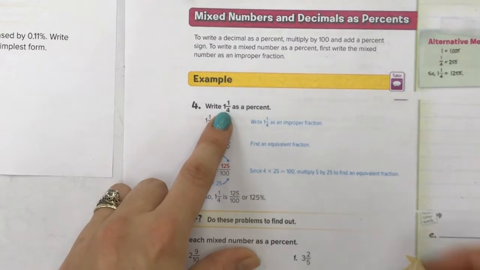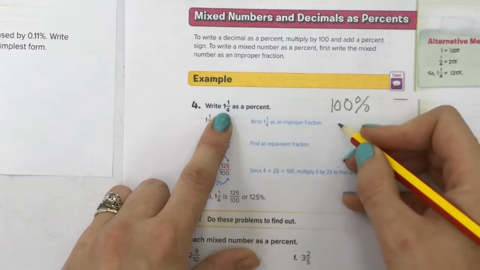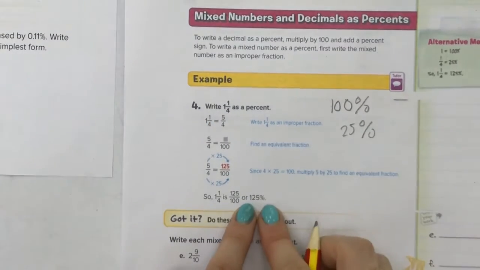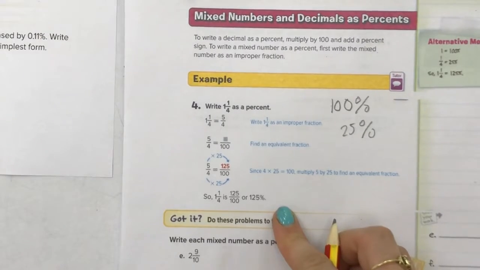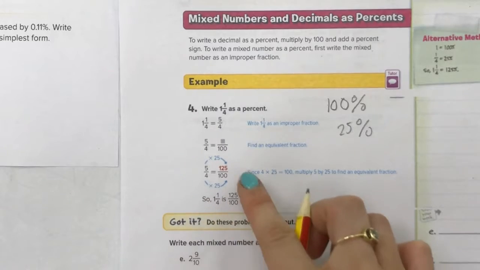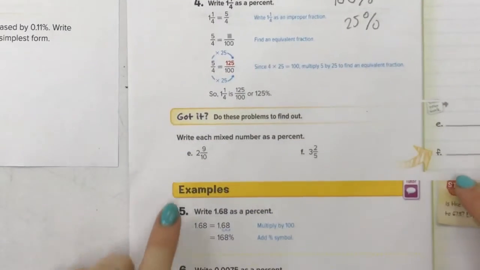And then 1/4 we know is 25%. 100% and 1/4 is 25%. So together that'd be 125%. Or they changed it to a mixed number and multiplied by 25 times 25, 125 over 100, 125%.